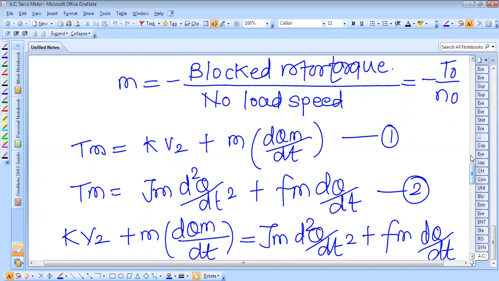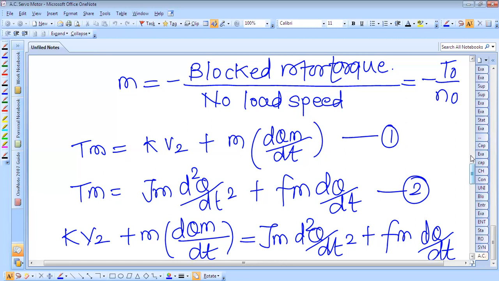The motor rotor has moment of inertia Jm and viscous friction Fm. If these are considered, we can write equation number 2: Tm is equal to Jm d square theta by dt square plus Fm into d theta by dt.